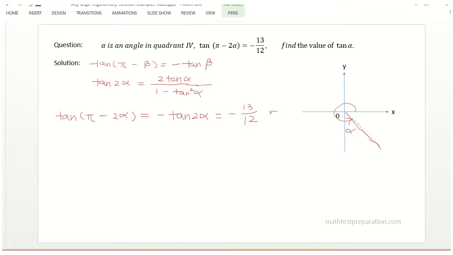So we get tangent double alpha equals 13 divided by 12.